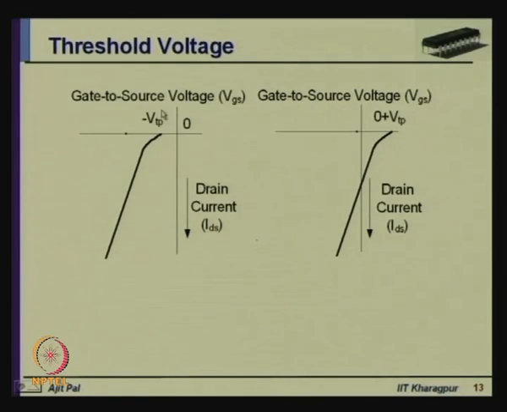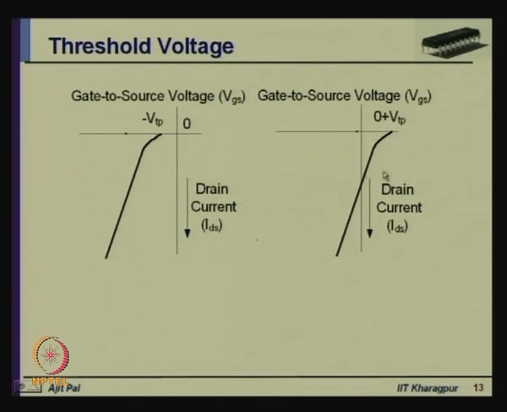Similarly, you can consider the gate to source voltage for PMOS type transistors. This corresponds to the characteristic curve for the PMOS type transistor. Here you can see the variation of drain current with respect to the gate to source voltage, and a negative voltage is required for the flow of current. The curve is somewhat similar, but inverted in this case, because it is in the negative quadrant.